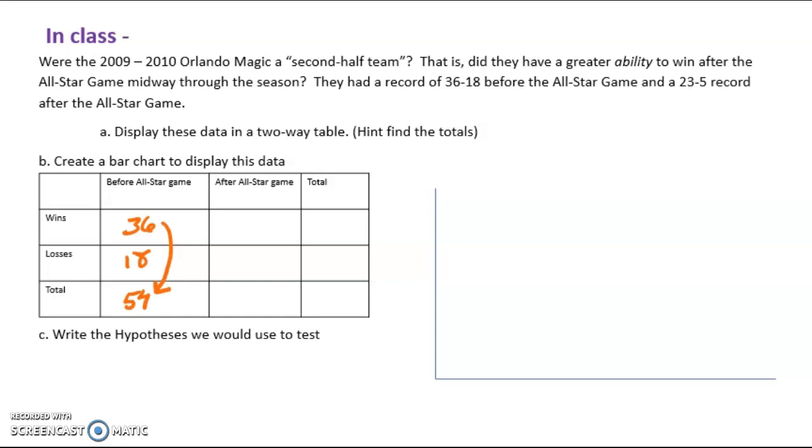After the All-Star game, they went 23-5, which means they won 23 of those games, lost only 5, which means they had a grand total of 28 games after. Okay, so if you're going to go for that percentage, you're going to take 23 out of 28.